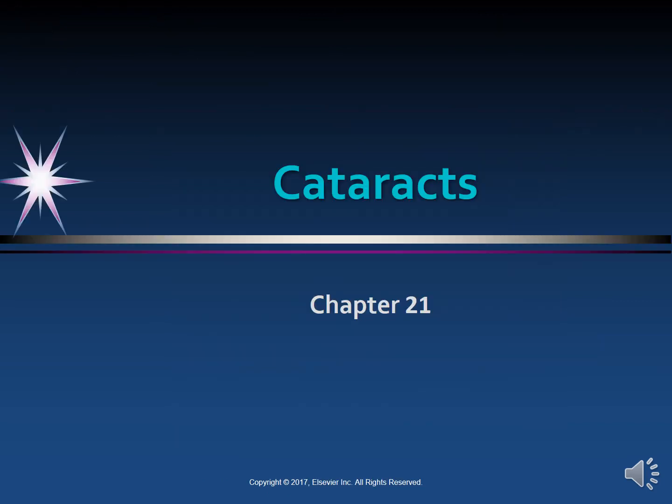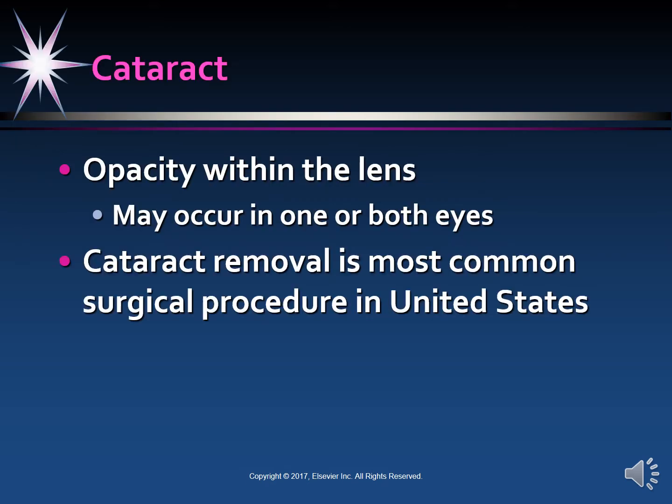So cataracts are a very common eye disorder, especially with aging. We'll go over the risk factors, symptoms, surgery, and patient teaching. A cataract involves the lens. It's an opacity within the lens.